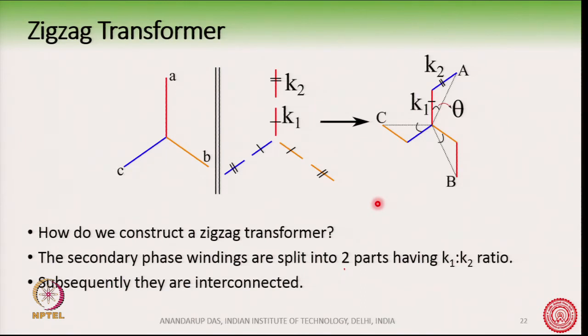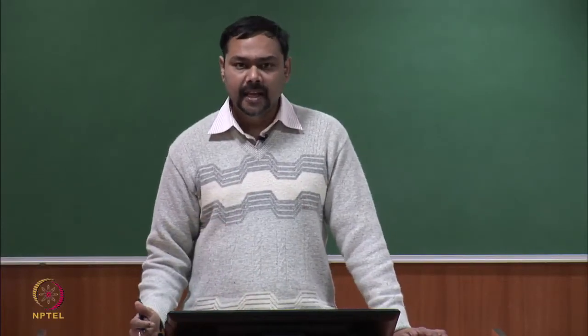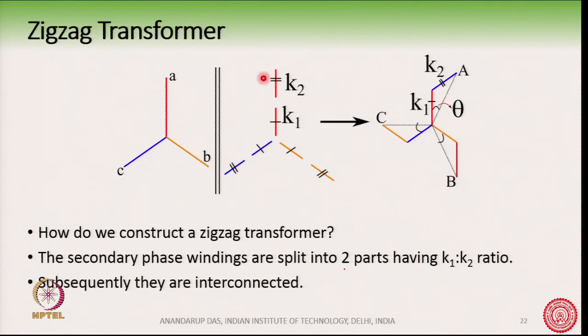We can do this always because these windings are on a core, okay, and we can have 2 windings having K1 turns and K2 turns on the same limb. So, they are basically linking the same flux.